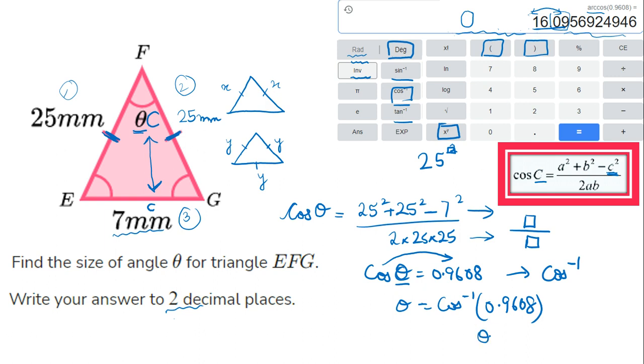So theta equals 16.10, which ultimately means 16.1 degrees. Therefore, the angle theta, the angle EFG, is equal to 16.1 degrees. So that's pretty much how you find your values.